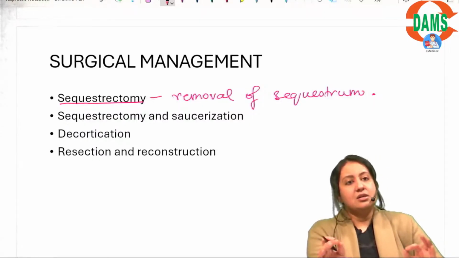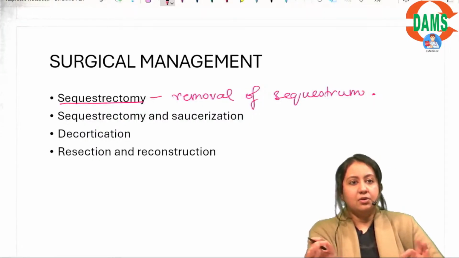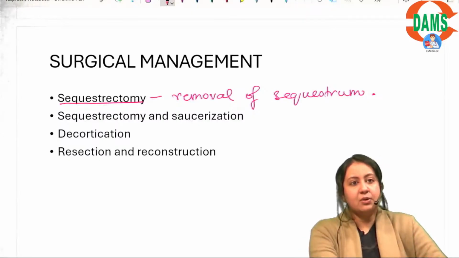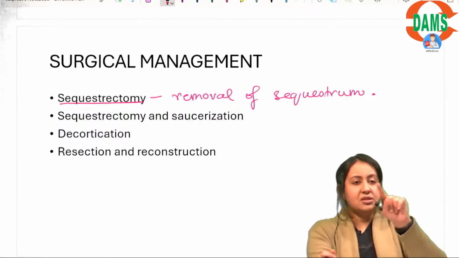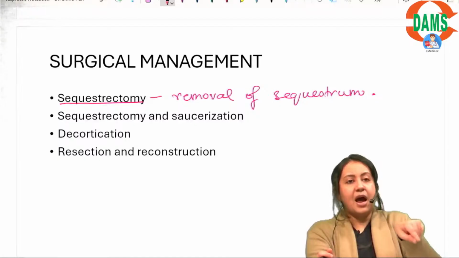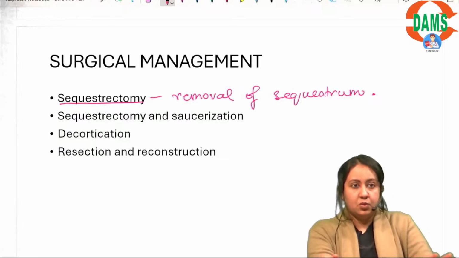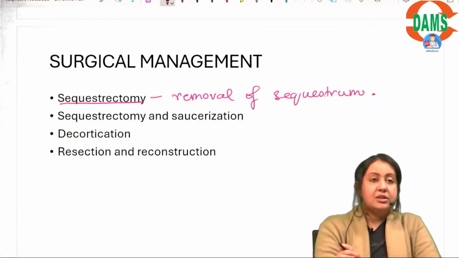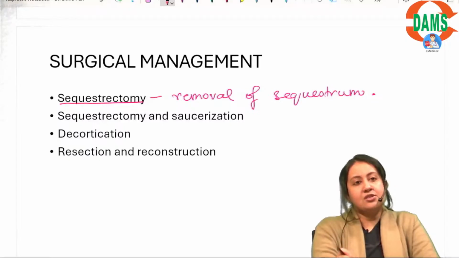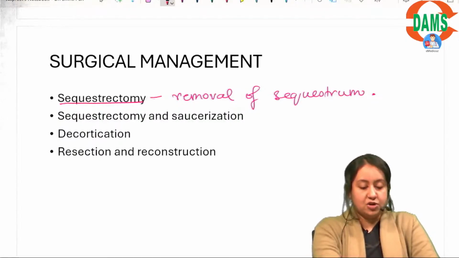Basically, what is sequestrectomy? You identify the sequestrum and remove that part of the bone which has become sclerosed or turned into a sequestra. Now the second one is sequestrectomy and saucerization.